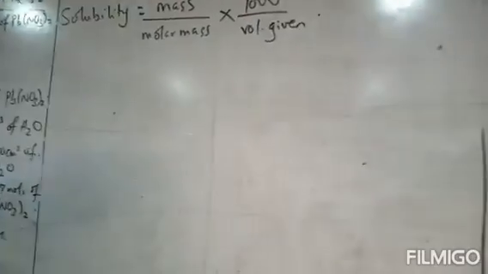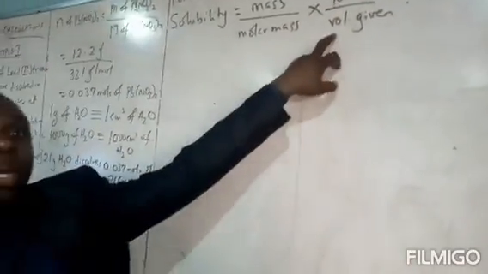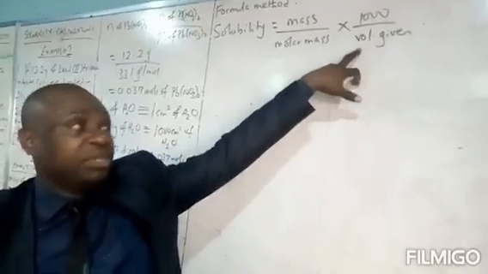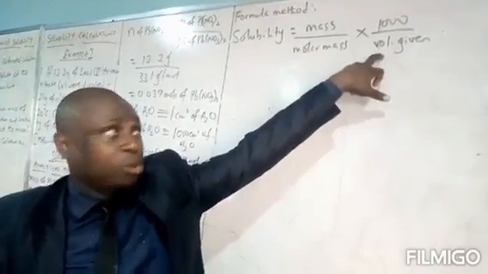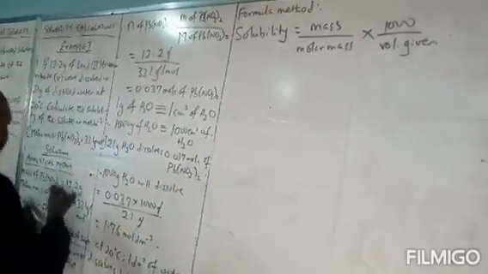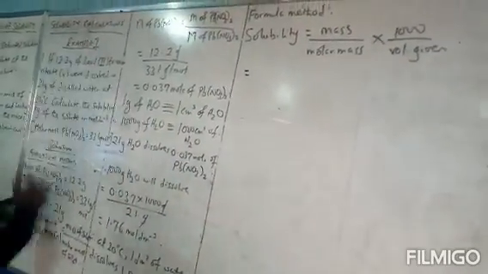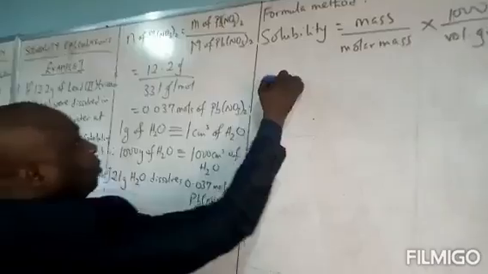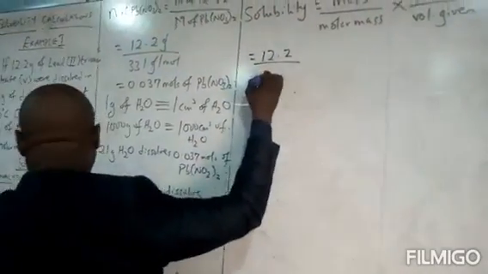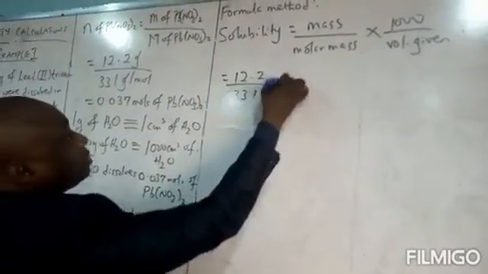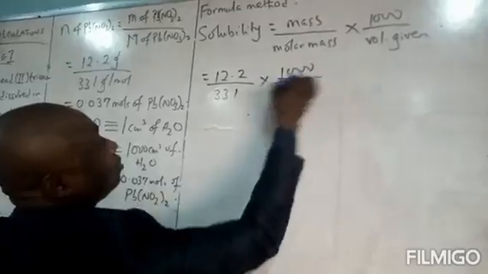The volume given here can be given in terms of grams or cubic centimeters; this will come from your question. If you do the math, the solubility of lead(II) nitrate is 12.2 over 331 times 1,000 over 21.